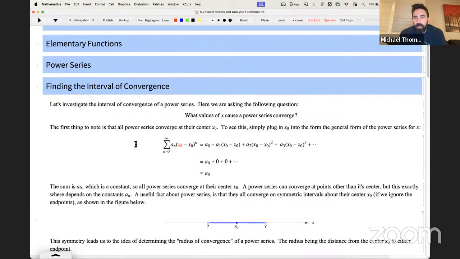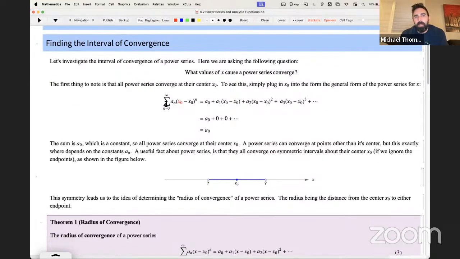Well, the first thing to note is that a power series is always going to converge at the center. There's a reason, by the way, why we call it the center. It's because when the series does converge, it'll always be on symmetric intervals about the center. The way you could prove that any power series is convergent at the center is by simply plugging in the center.